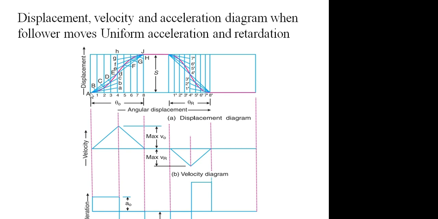From the bottom left corner of theta O, that is of the outstroke, draw a line and join that to the first part of the vertical line.